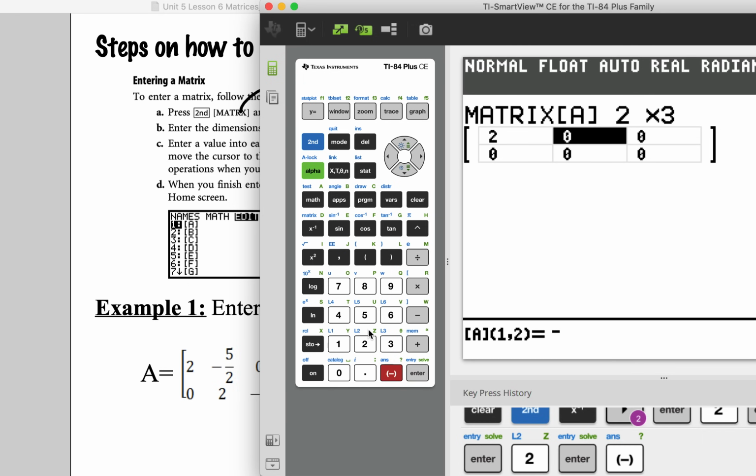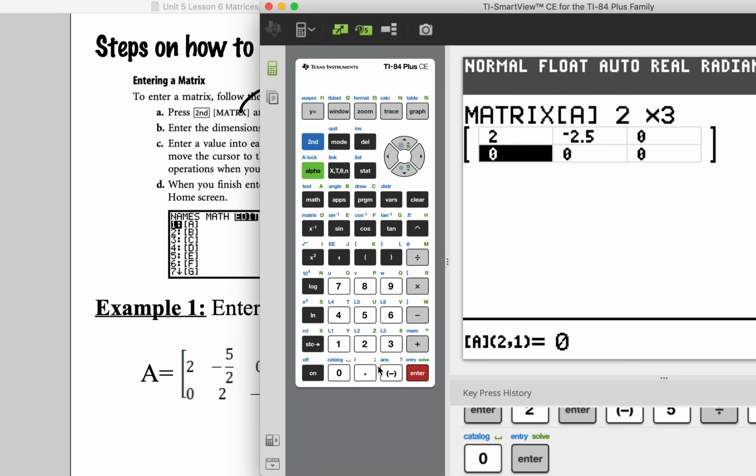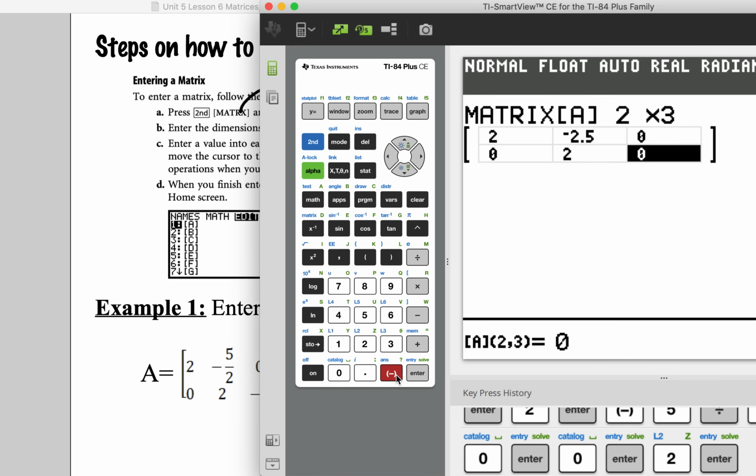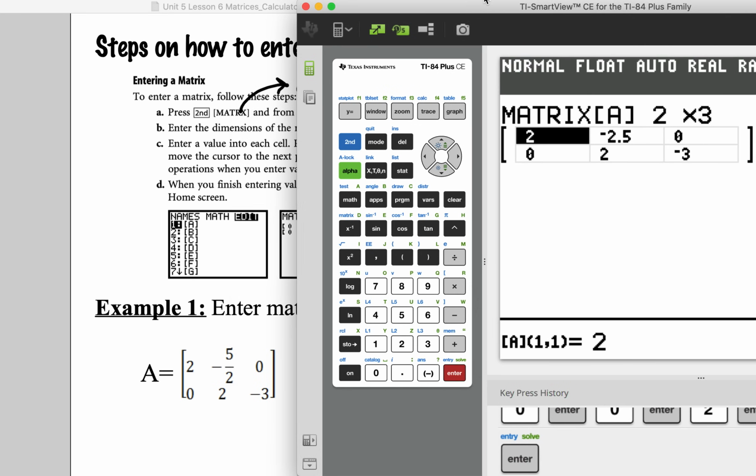Then I would have -5 divided by 2 and hit enter. The next one is 0, enter. Then I have 0, then 2, and then -3. Remember, if you're ever doing a negative, you have to make sure you use the negative button here. Don't use the subtraction button. Then enter. Then you should be able to look at it and make sure that it is the same as the matrix on our note sheet.